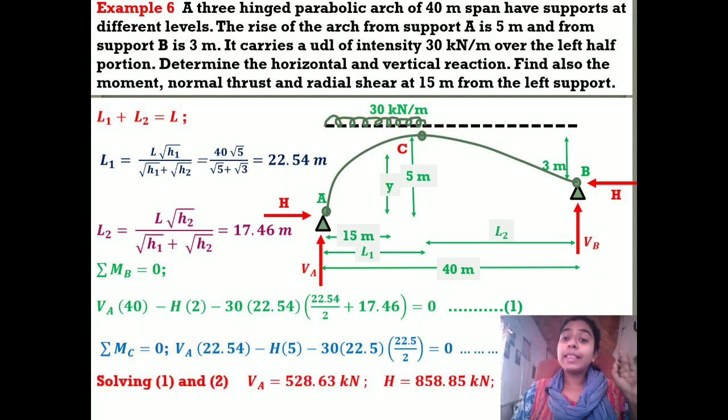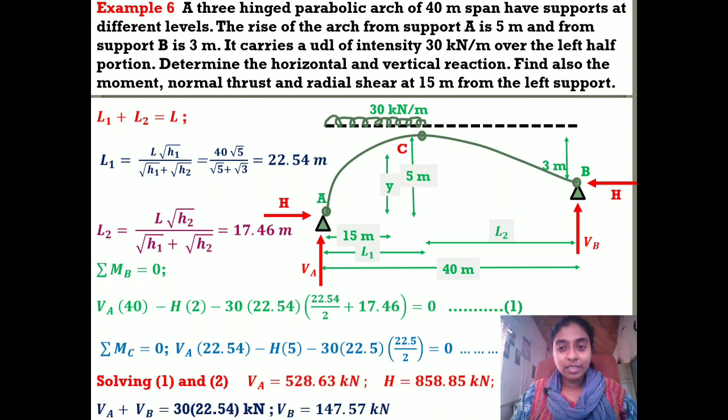So solving these equations 1 and 2, we get VA is equal to 528.63 kilonewton and the horizontal reaction H is equal to 858.85 kilonewton. We know VA plus VB, that is vertical reaction, is equal to downward loads.